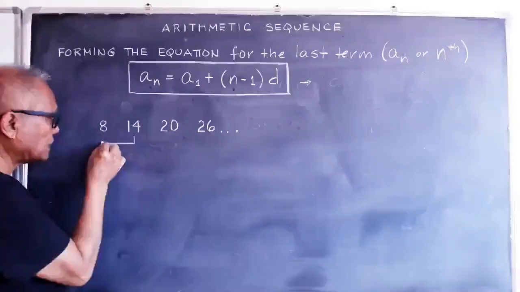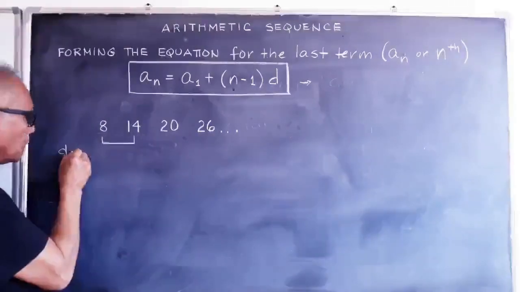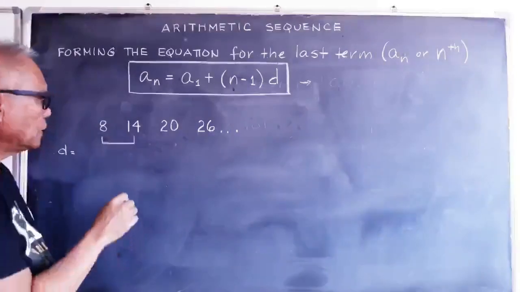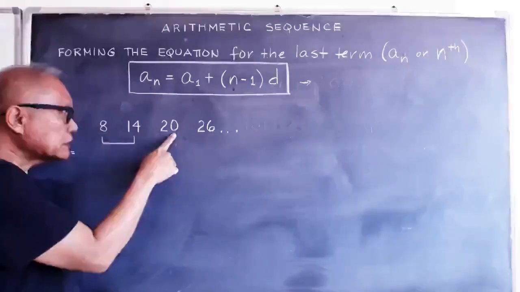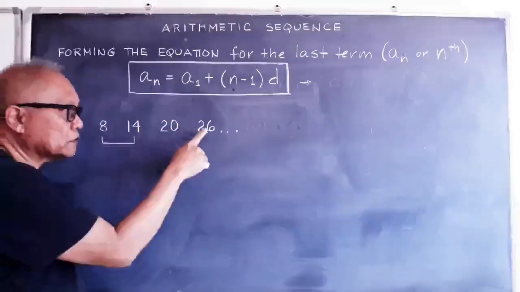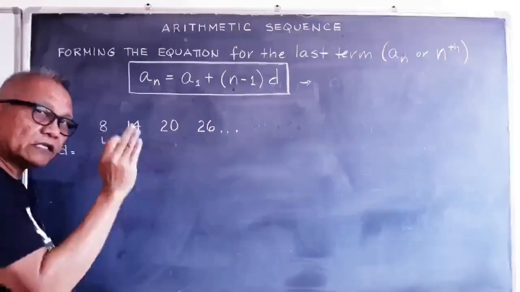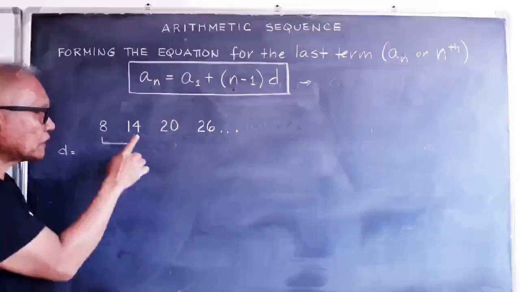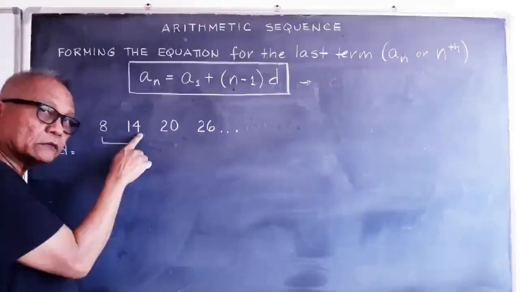So the difference, class, we can find here. I'm going to put here the d for difference. You can subtract this and this, this and this, and also the 26 and the 20. But when we are subtracting the numbers here, make sure that the 8 is subtracted from the 14.